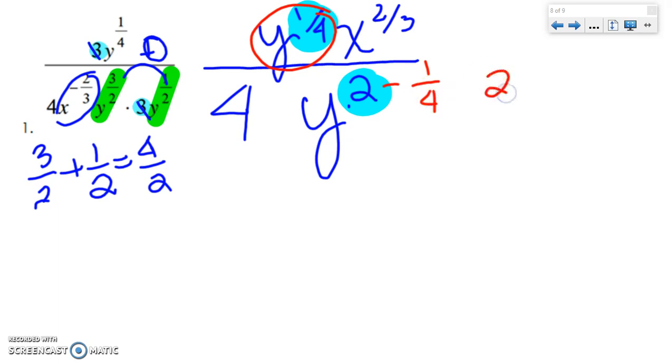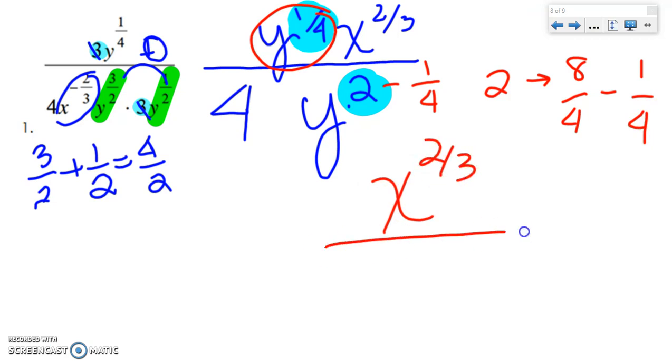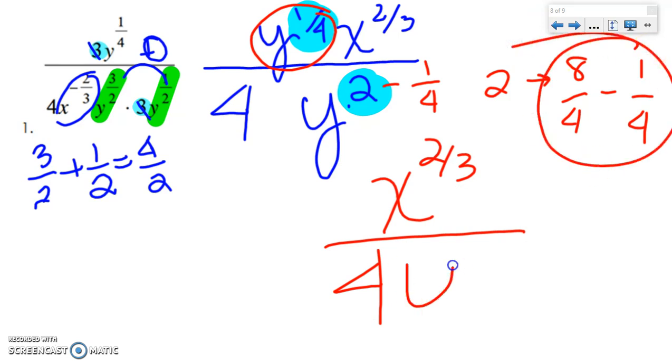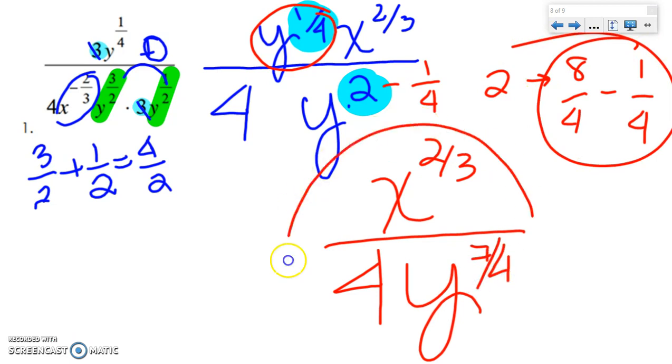So 2 could be rewritten as 8 over 4, and then I'm going to subtract 1 over 4 from that. So x to the power of 2/3 is going to stay as it was in the numerator. 4 is still in the denominator. Because of this subtraction over here, the new exponent on y is 7/4. And that would be my final answer.